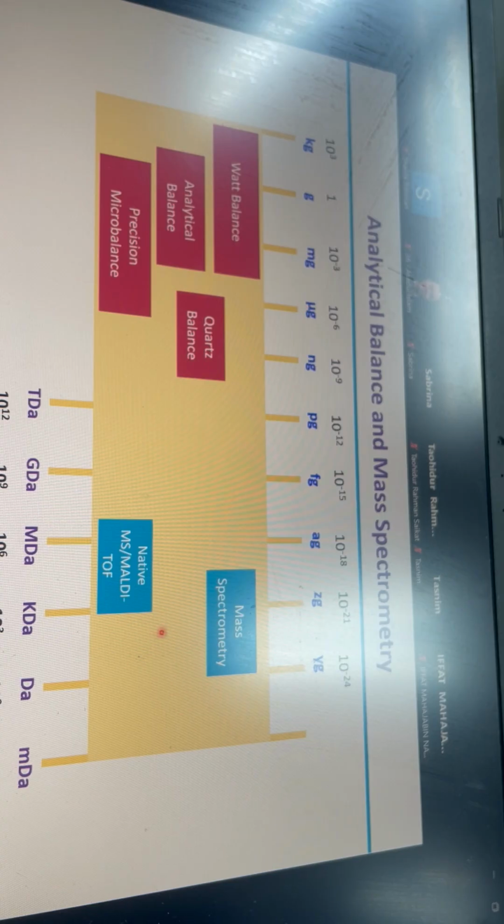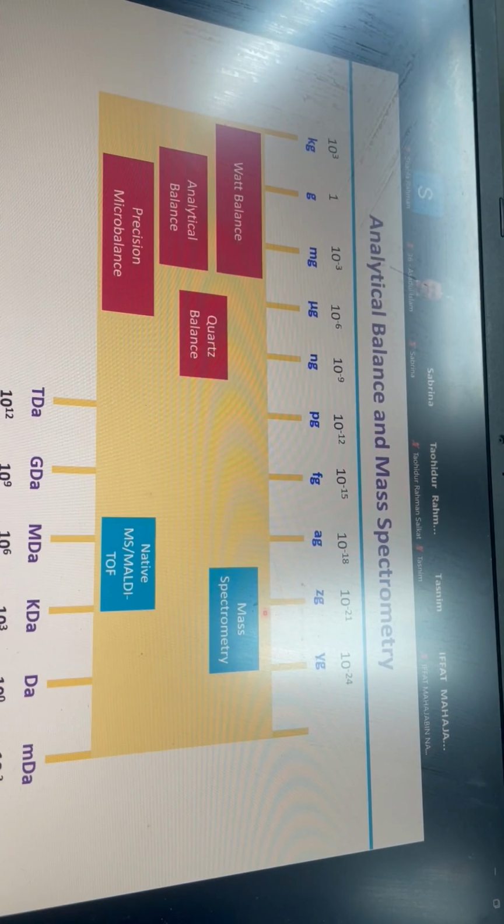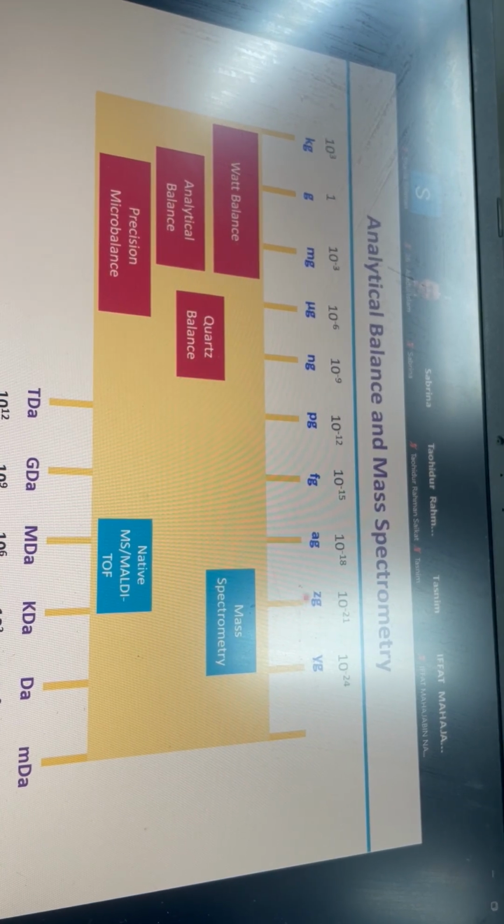But the mass spec measures the mass of single molecules, things that are on the order of zeptogram, attogram, or yoctogram. These are very, very small things, as you can see, 10 to the power minus 21, very tiny. So that's why we need a new type of unit. So we use the Dalton. Dalton is gram per mole.